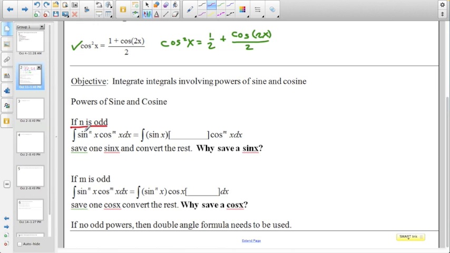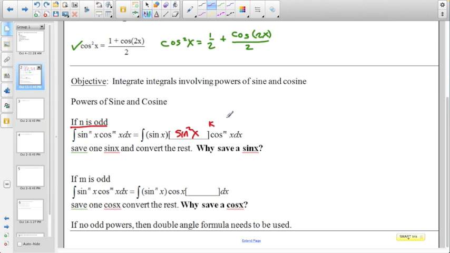And so if n is odd here, if sine is raised to an odd power, what we're going to do is express it as sine of x times some multiple of sine squared x. So that multiple might be like, sine to the 4th, it would be sine squared x squared, or sine to the 6th, it would be sine squared x cubed, something like that.